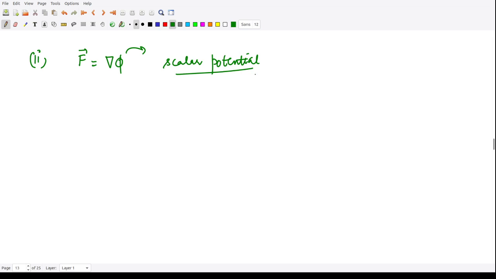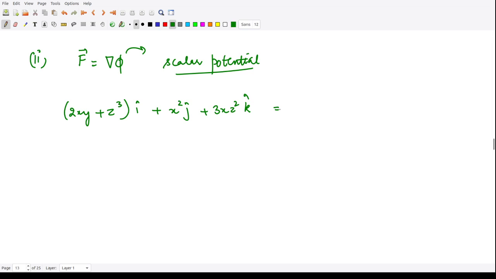So we are to calculate what this phi is. Now we know what f is. F is given to be (2xy + z³) i cap + x² j cap + 3xz² k cap. This is the vector f that is given to us.